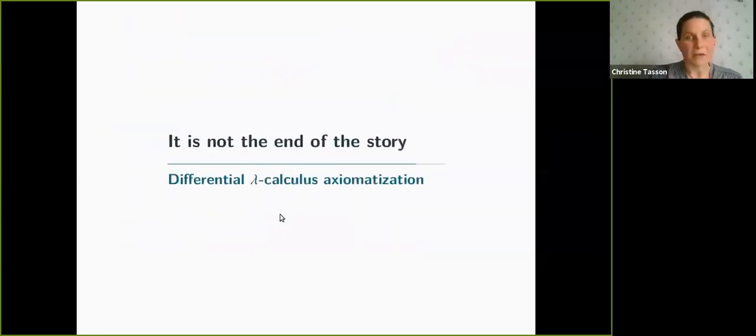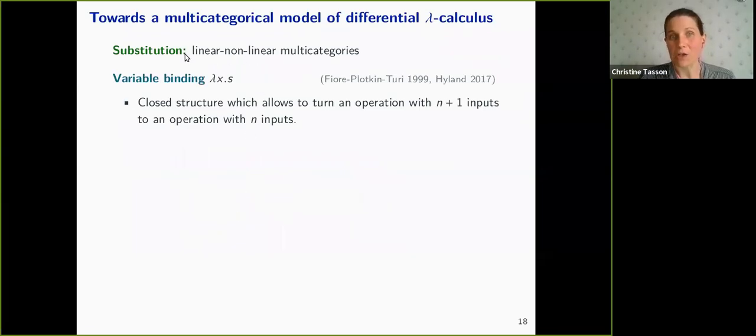And finally, my first purpose was to present an axiomatization of differential lambda calculus. So if I am able to describe linear and nonlinear multicategories to interpret linear and nonlinear substitution, then I still have some work to do.